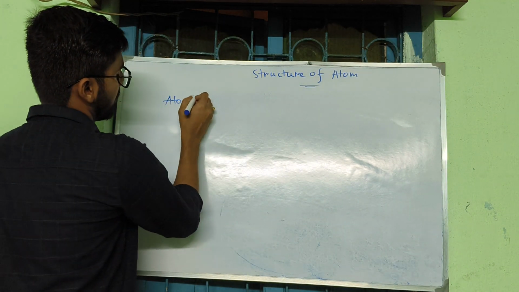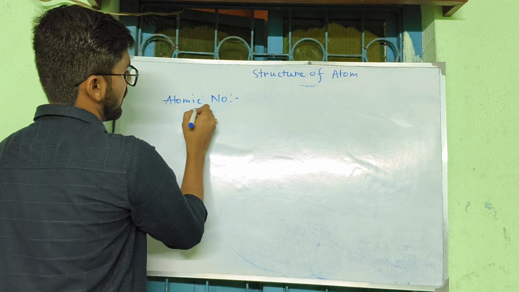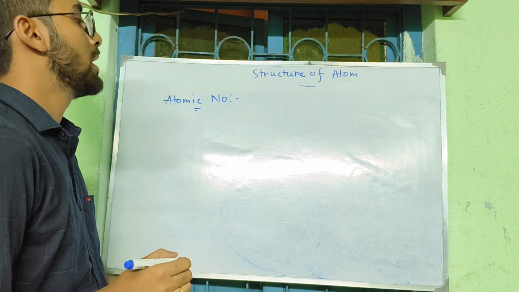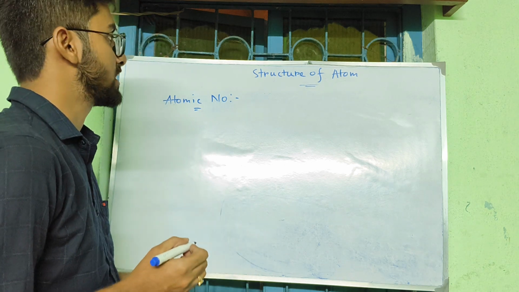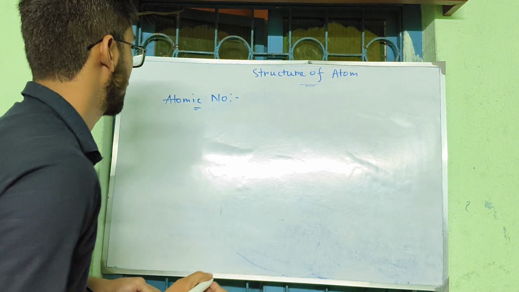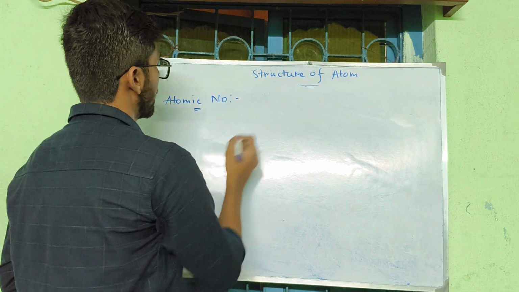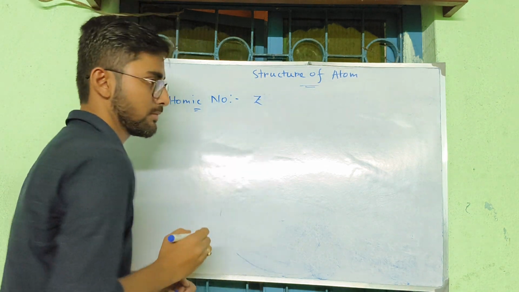Atomic number. Atomic number is the number of proton that can exist in an atom. It is represented by Z.